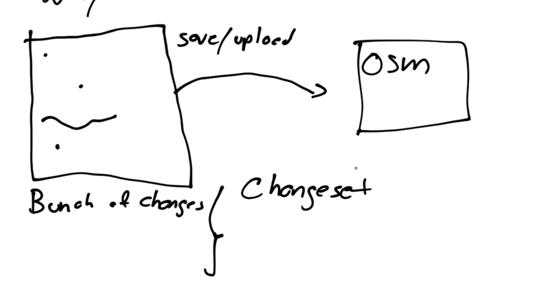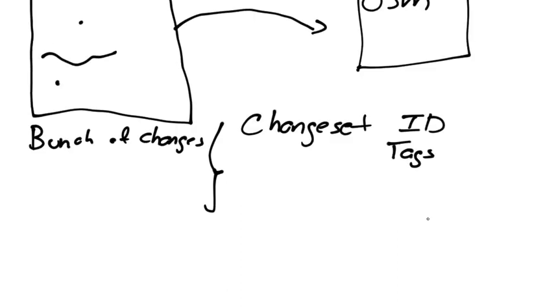And a change set has an ID, just like all our nodes and ways and relations have ID numbers. So do change sets, and just like nodes and ways and relations, change sets also have tags. Just the same way we use the tagging system for our objects, we also use our tagging system for change sets.